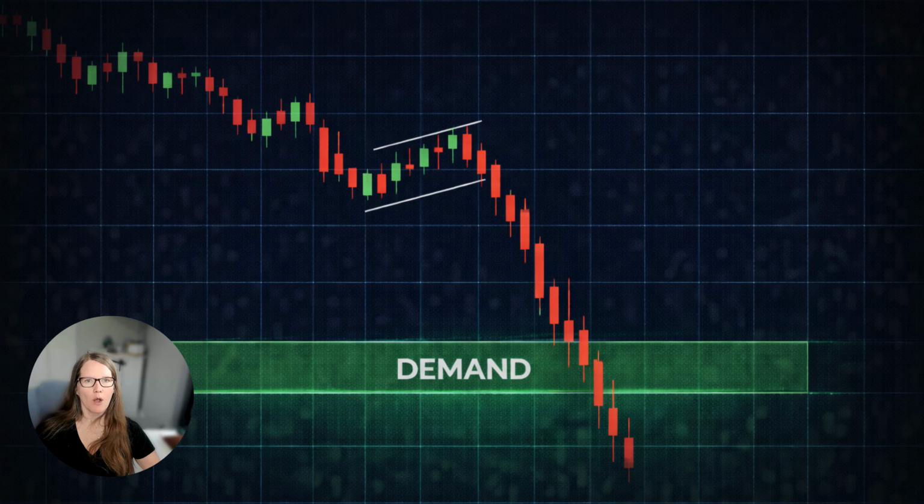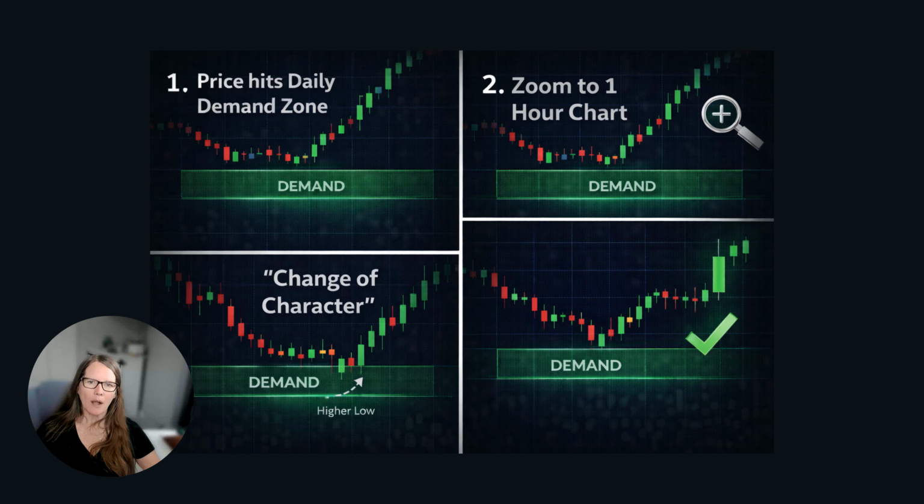That's where waiting for confirmation to be fully allocated in a trade is so important for me in trading supply and demand. I want to see price arrive at a zone and prove to me that buyers are still there if it's a demand zone, or sellers are still there if it's a supply zone. I want to see a reaction before I just blindly buy in that zone.